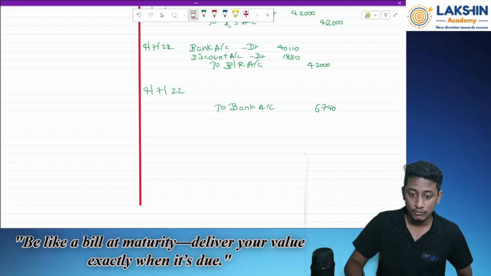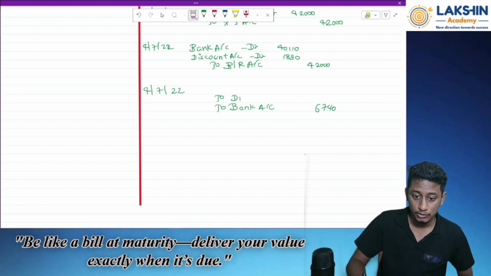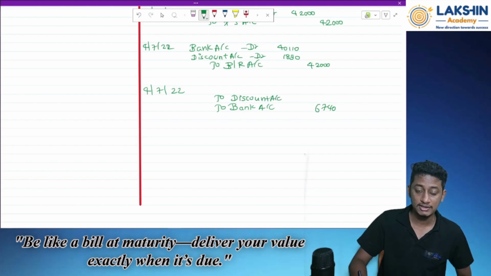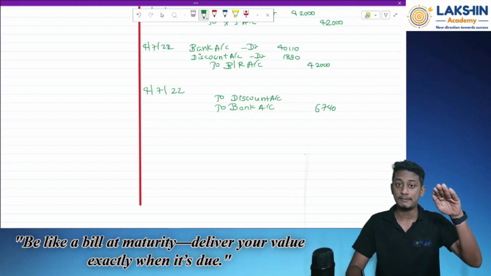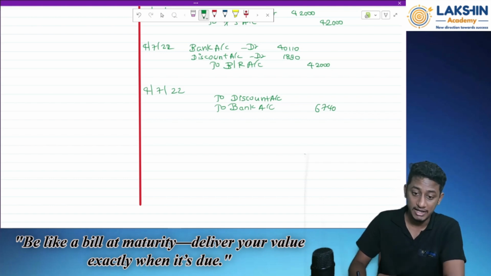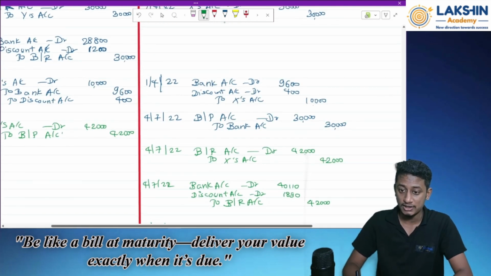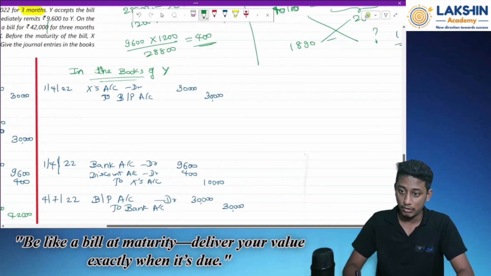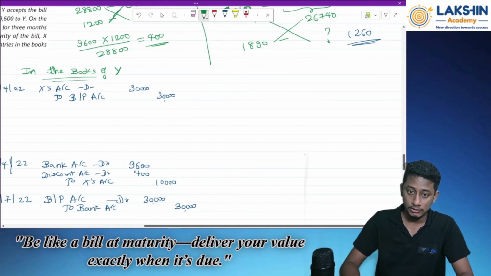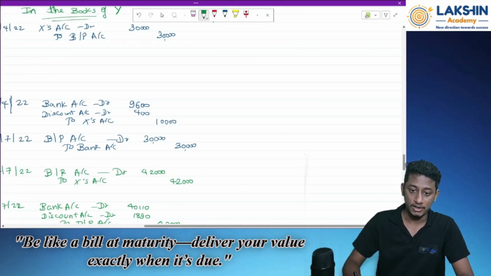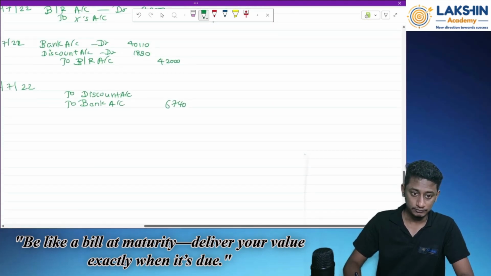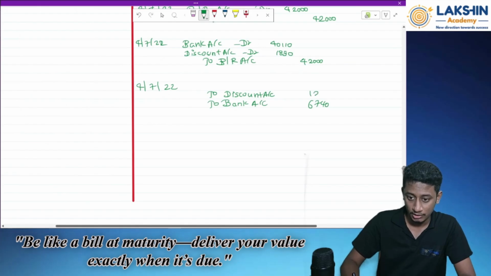Also, with this, what is transferred? Discount is also transferred. Since discount was an expense to Mr. Y, it is being transferred to Mr. X now. Because of this, my expense has reduced. Because of this, I am creating the entry. For how much rupees? What was the amount? 1,260.